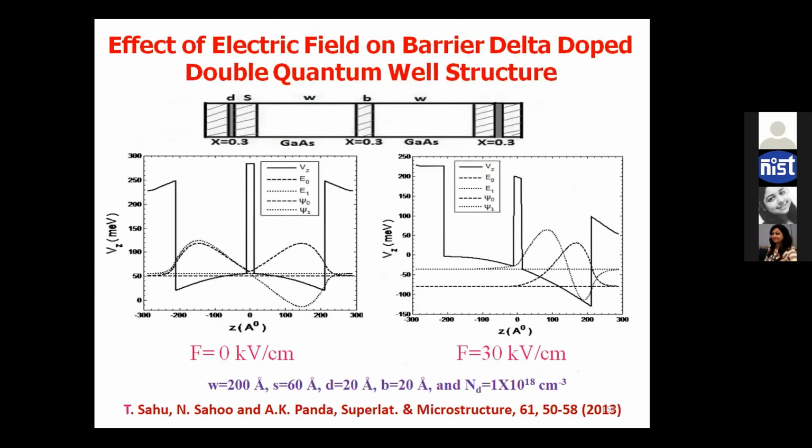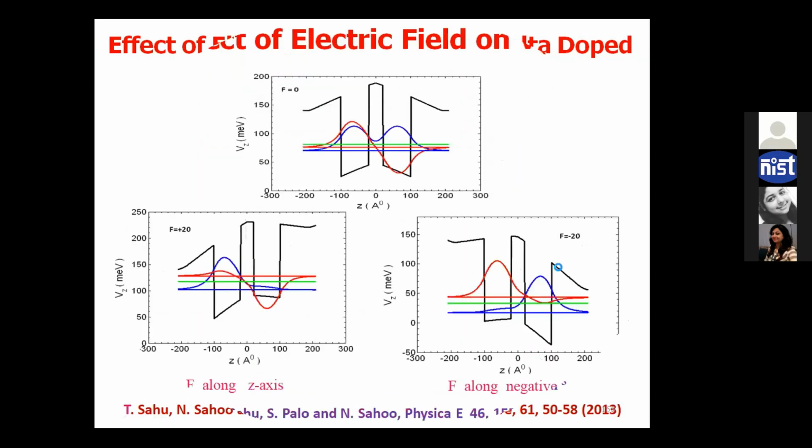Here in one of our papers, we dope equally on both sides and apply field. Now the electrons totally shift to the right side of the well, and it modulates the mobility very nicely.